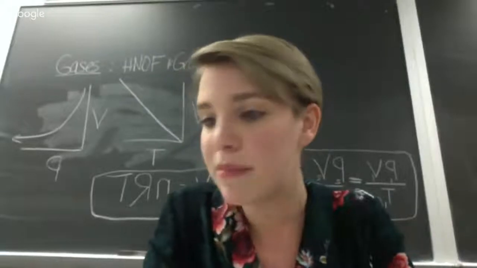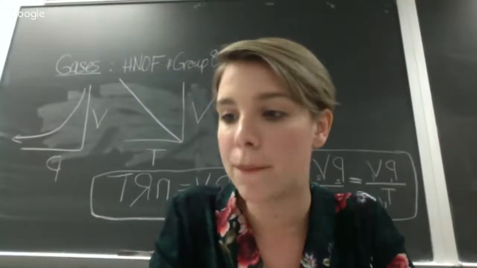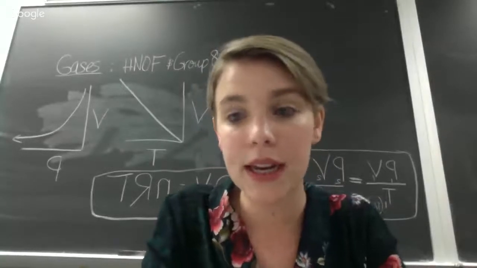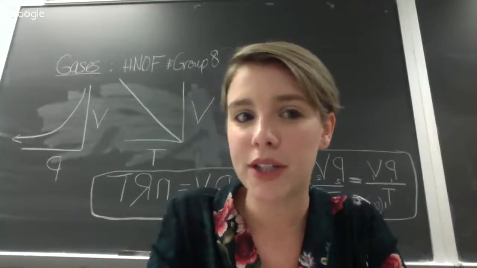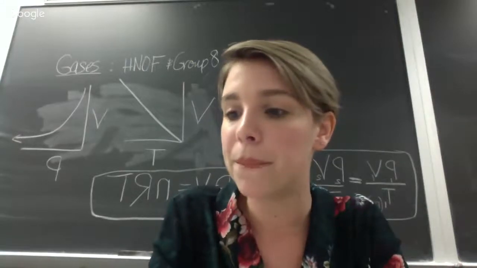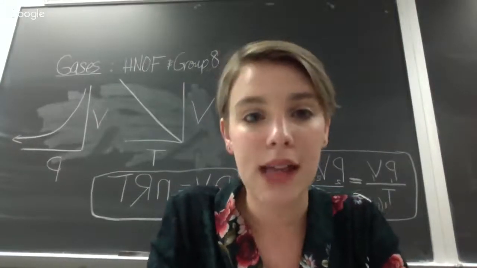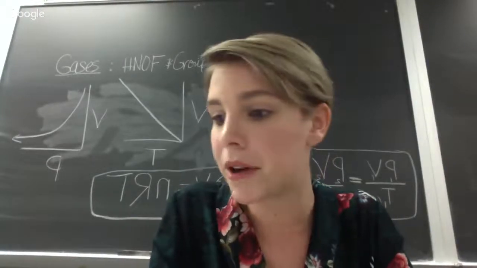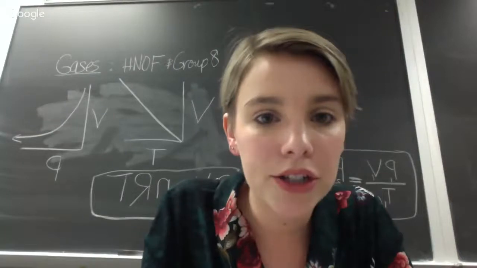Another thing, I'm not sure which chapter it's in. Maybe it was in 11 or maybe it's in 13, but I know that your professor said last week something about the Clausius-Clapeyron equation. So I just wanted to talk a little bit about that too.